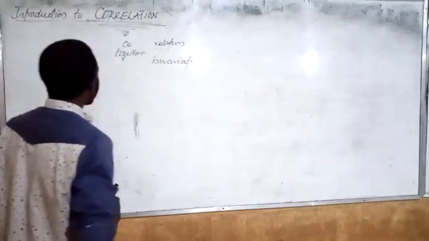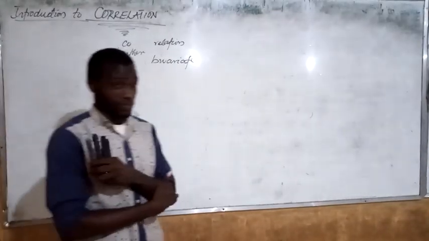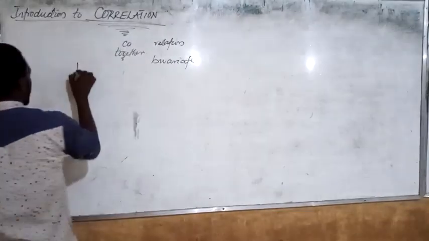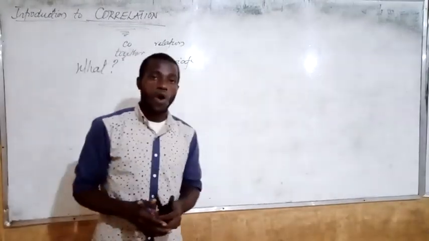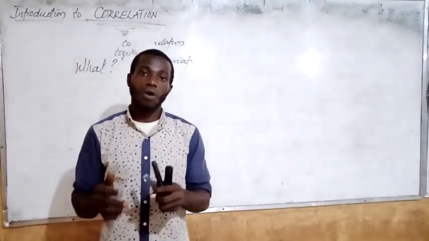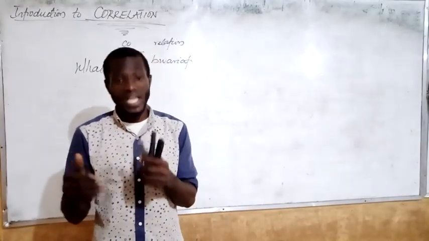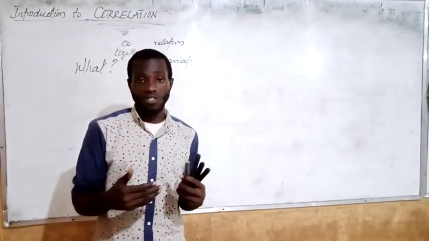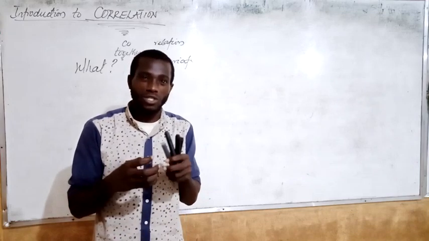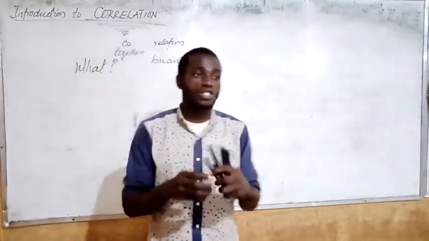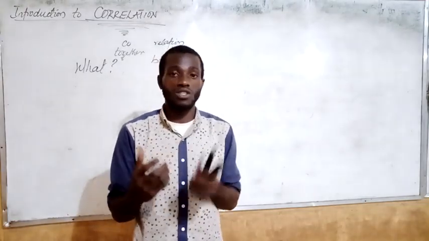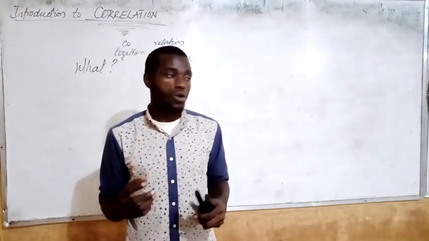Alright. Now, what is correlation? Correlation is a statistical method of stating whether there is a relationship between two variables, to detect whether there is actually a relationship between them.